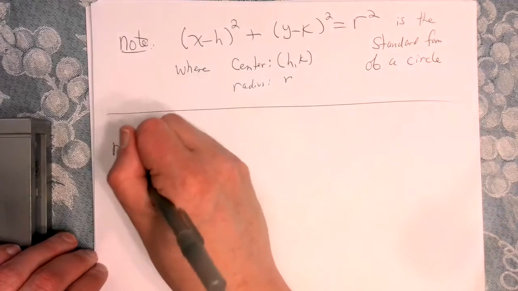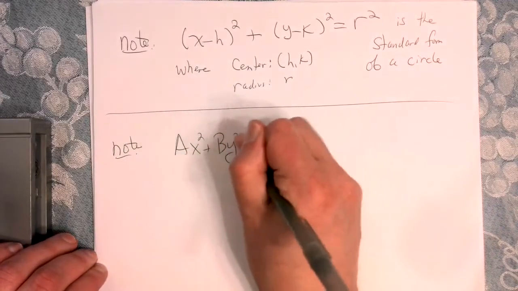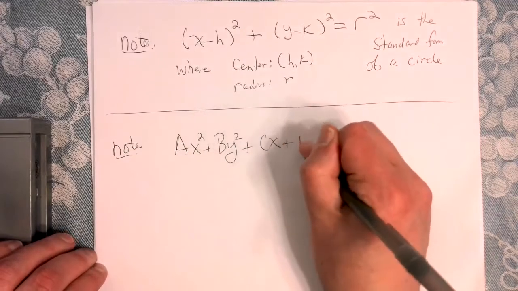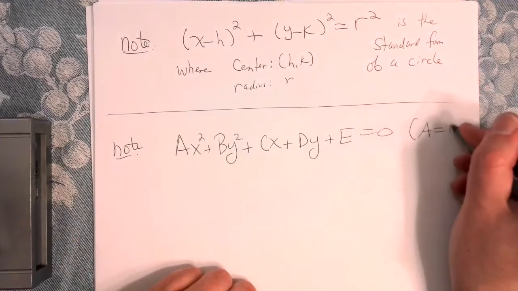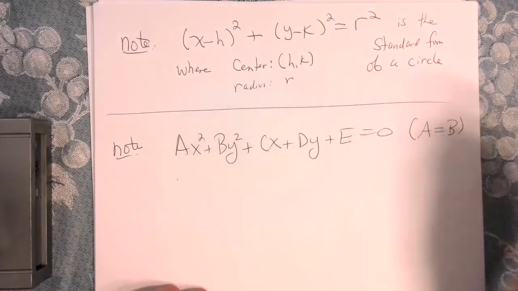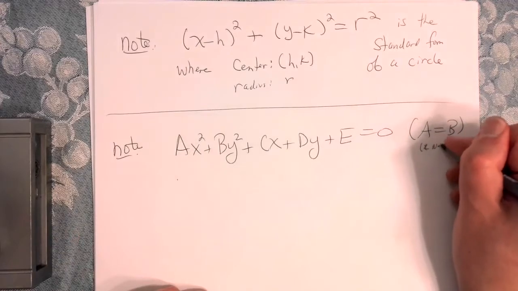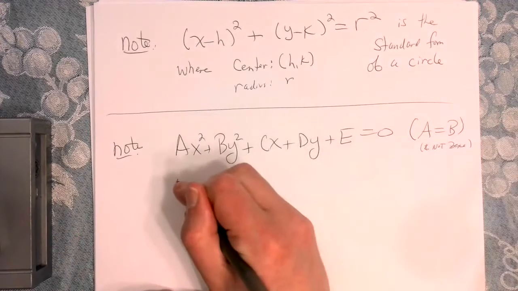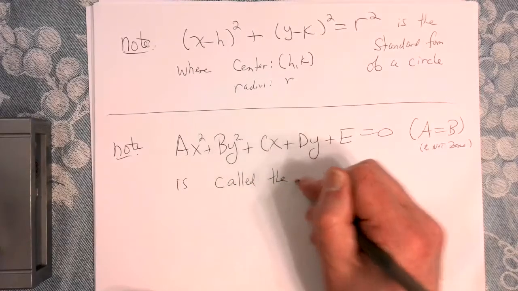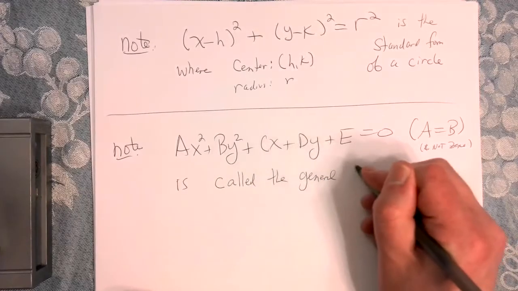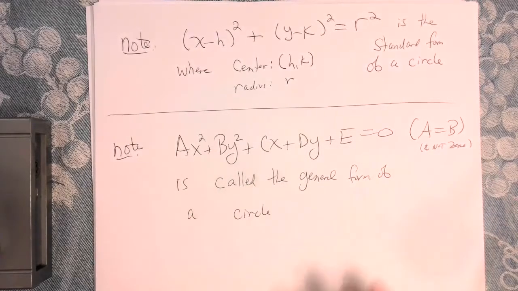So let's also note that ax squared plus by squared plus cx plus dy plus e equals 0, where a and b are equal and not 0, is called the general form of a circle.